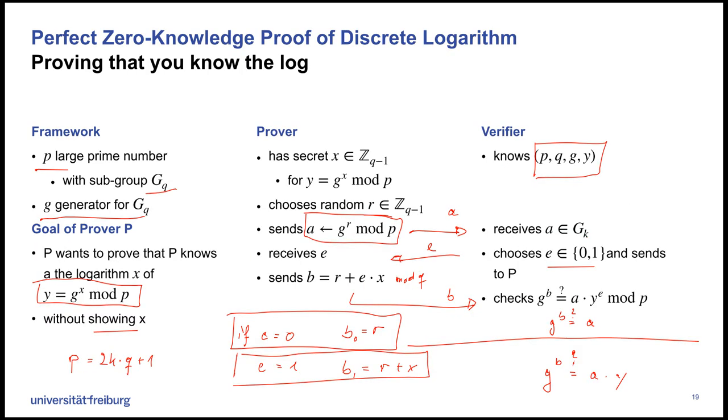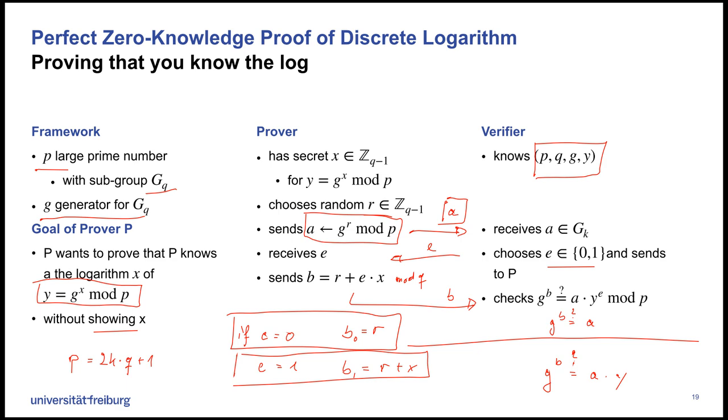what we have done here is this A is a commitment. It's a commitment that either you have multiplied y into it or not. So if you have the logarithm of A, then you have committed yourself to the logarithm and we can check it. Or maybe you have a logarithm of A divided by y, then you commit to that.